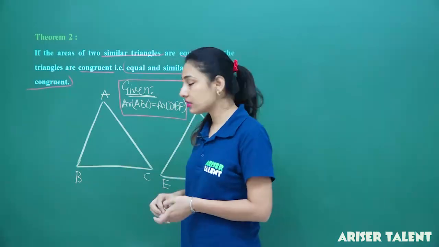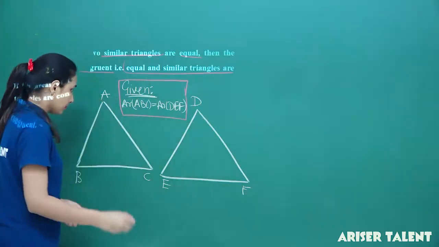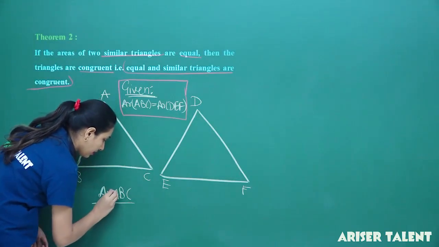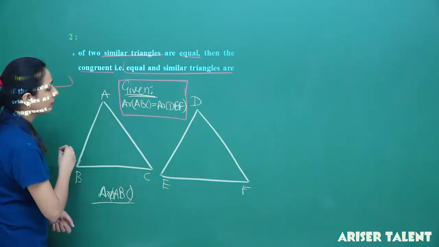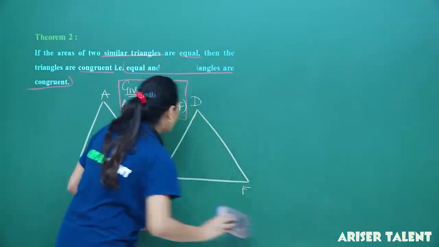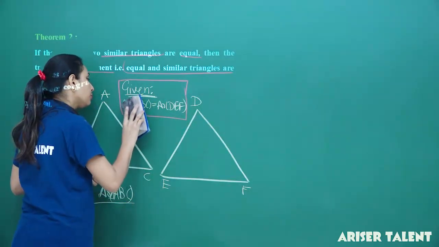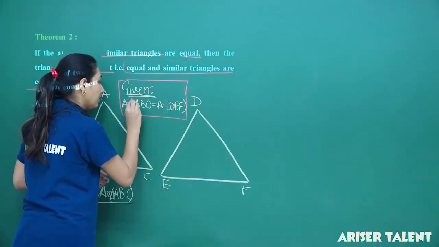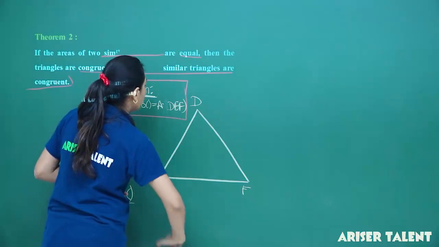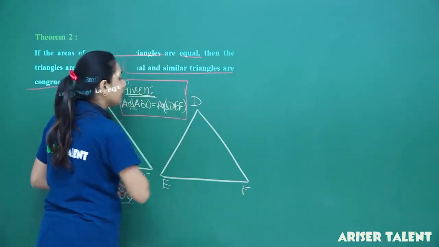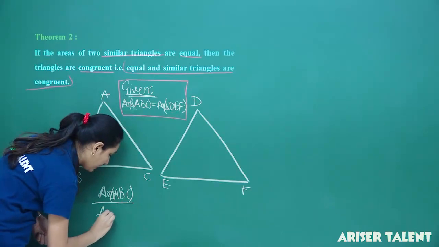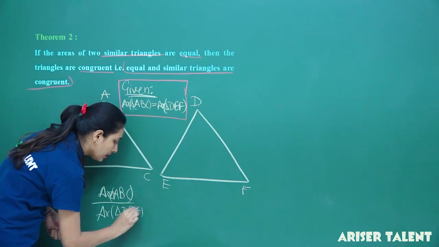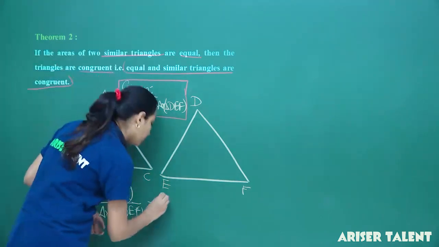So, in the previous result, what we have discovered is that area of triangle ABC by area of triangle DEF is equal to what, my dear students?